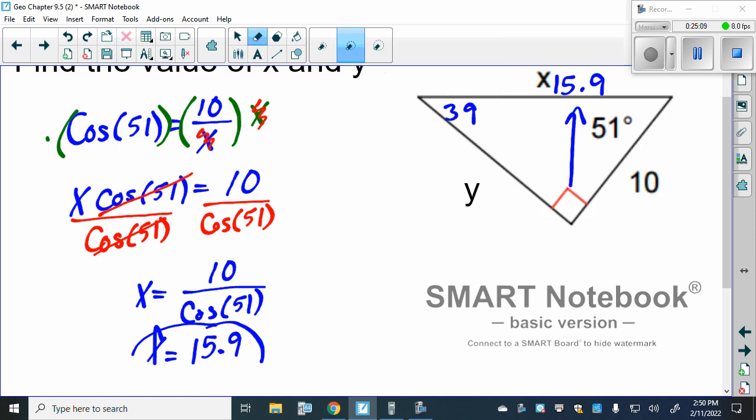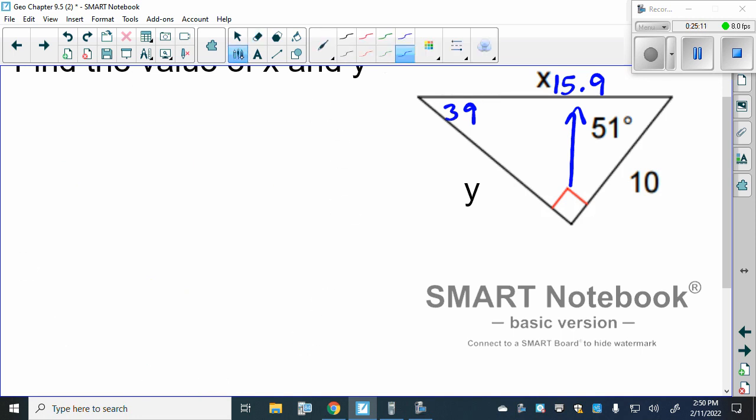I'll erase this here so I have a little more room. So to find y, we're going to have to use sine of 51, which is equal to the opposite side over the hypotenuse. Y over 15.9.